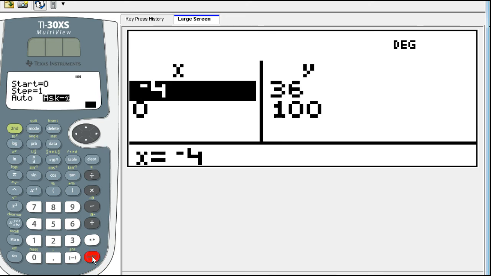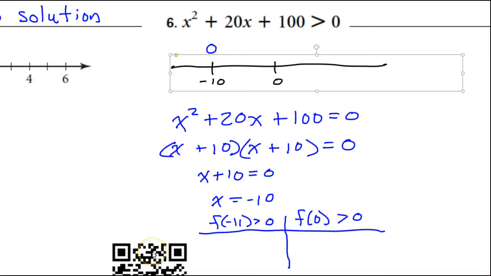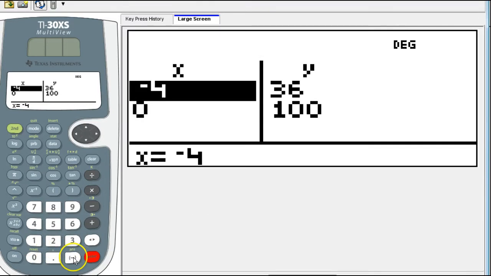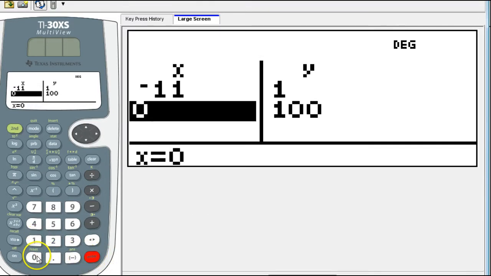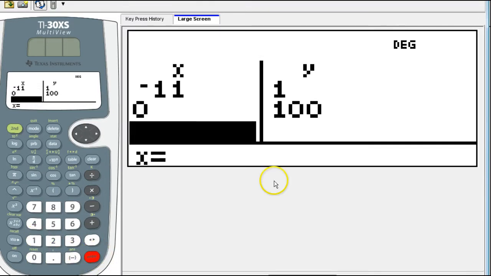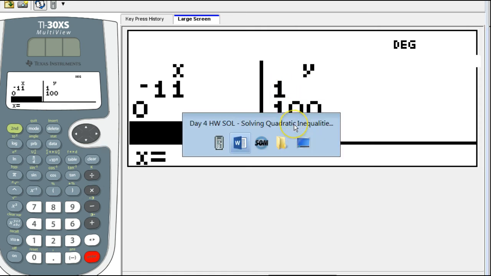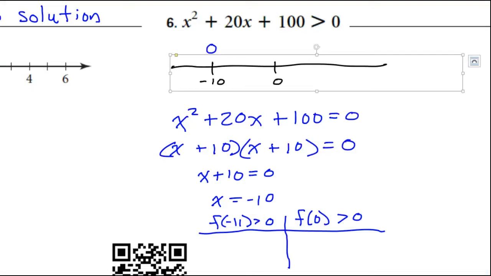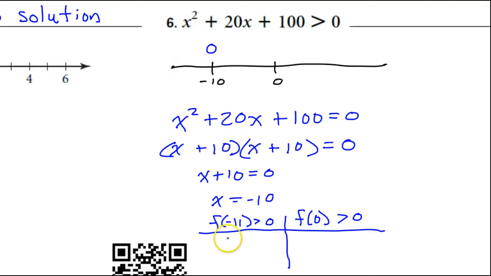Just hitting enter a few times. Now I specifically want to know the value of the function at -11 and 0. So I'm just going to type in -11, and 0 is already there. So these are the values, 1 and 100. Okay, so I got 1 and 100.